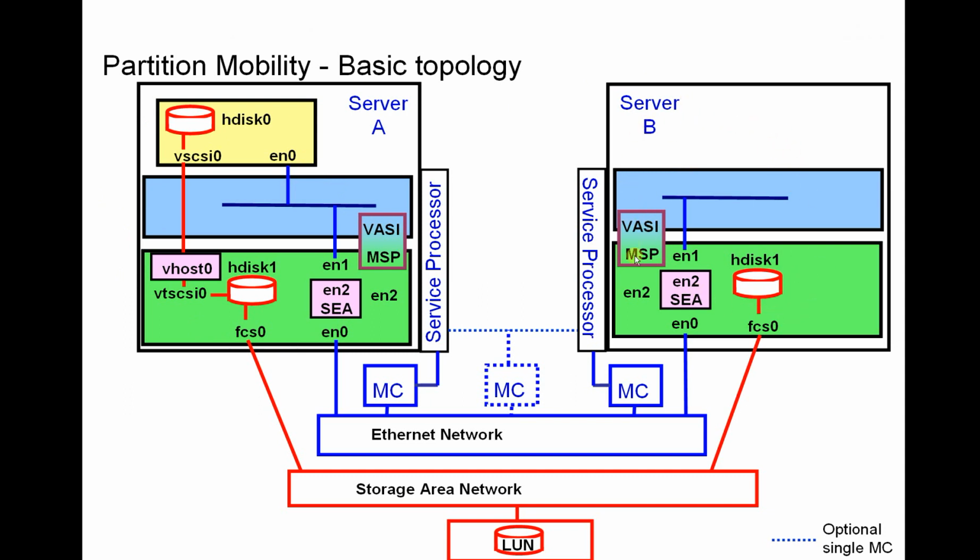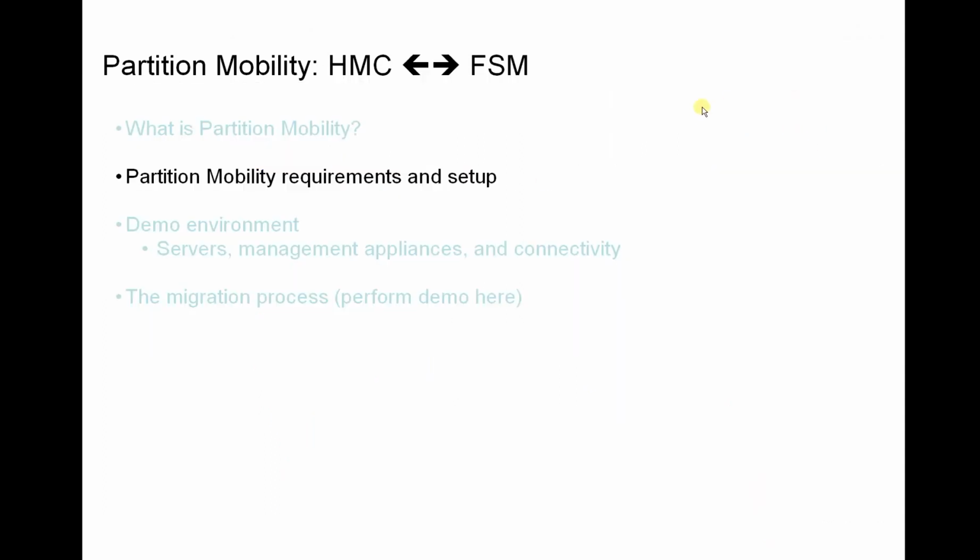This is where you're going to migrate your partition to as a means of eliminating downtime for whatever reason you want to vacate server A. In our case, in the example that I'm doing here, this would be your, say, Power 520 or your Power 510 or something like that, and this is your PureFlex node.